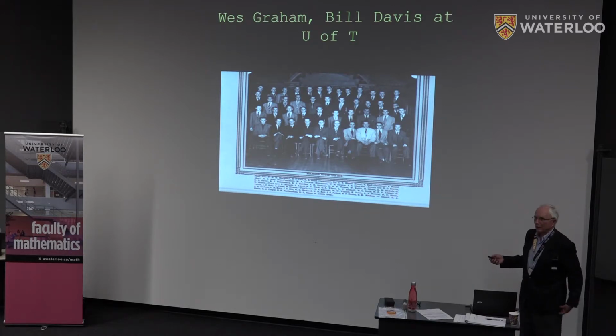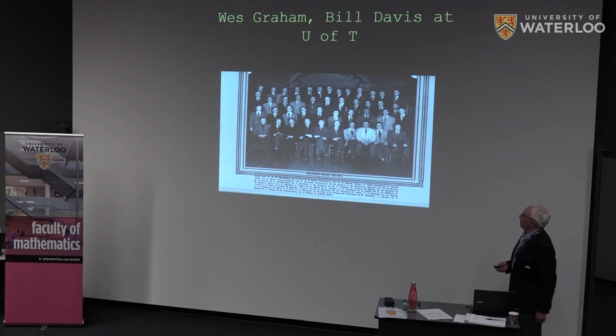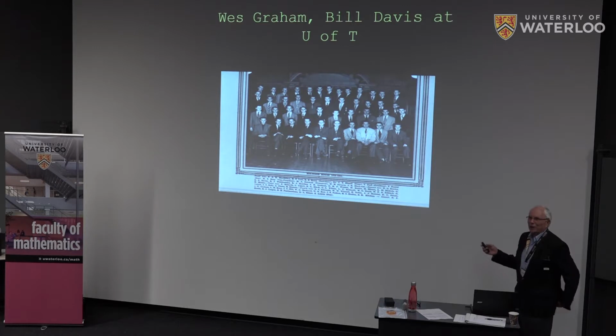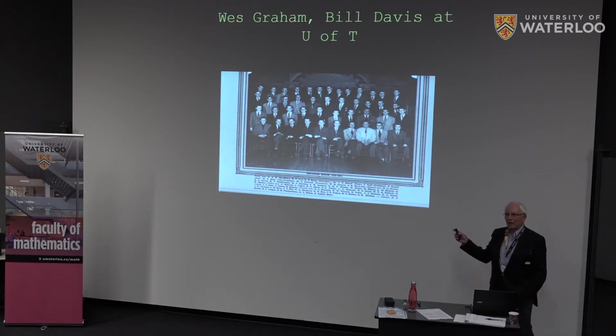Can you point out which one's here? I tried, and I have to confess that I failed on my laptop. Well, I'll blind everybody in the room by pointing it at you first. No, I tried actually, and I don't know which one it is. I could find the names at the bottom, and I could find Bill Davis. They're not side by side, but they're all together in the class photo.